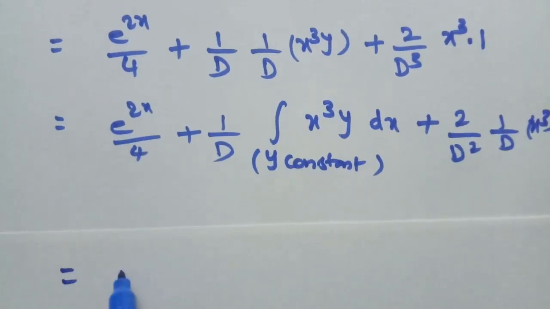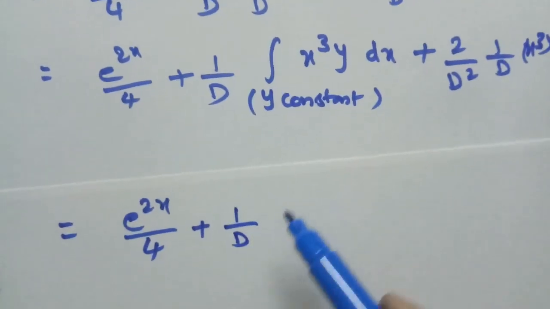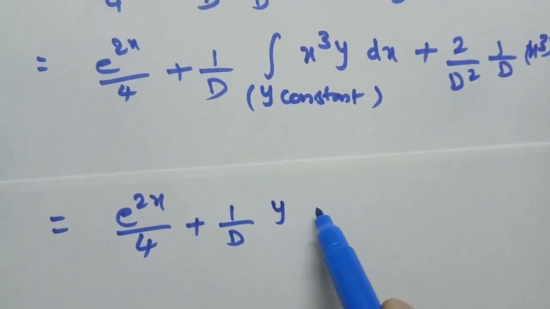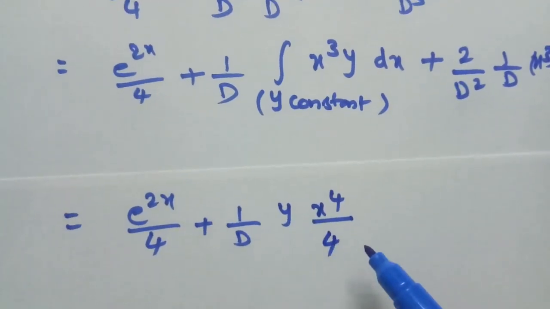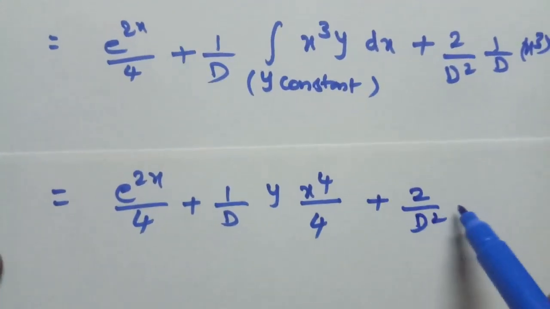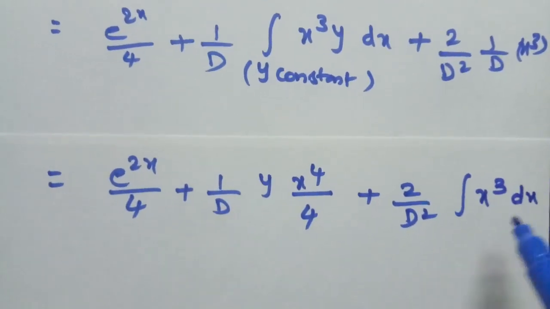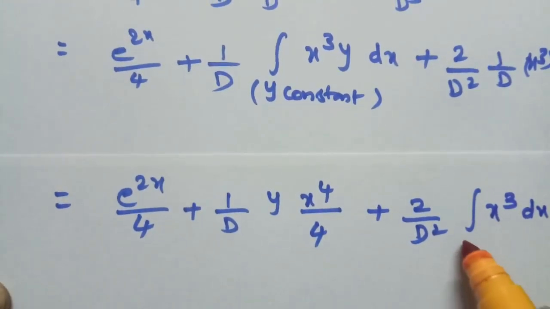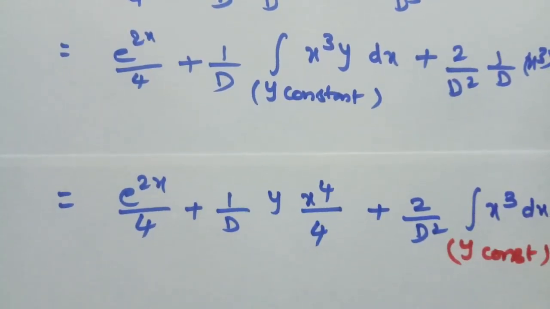Therefore this is equal to e power 2x by 4 plus 1 by D into integration of x cube into y. Y is a constant. X cube integration is x power 4 by 4. Plus 2 by D square into 1 by D means integration of x cube with respect to x, keeping y as a constant.